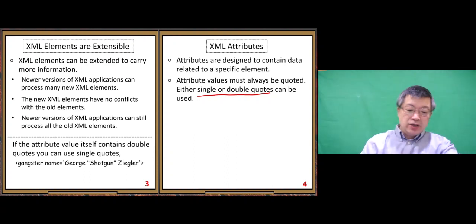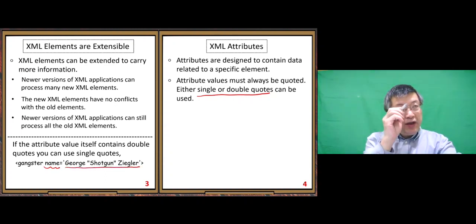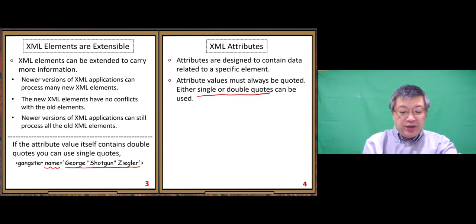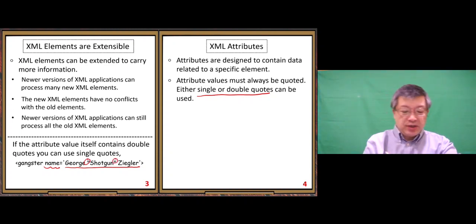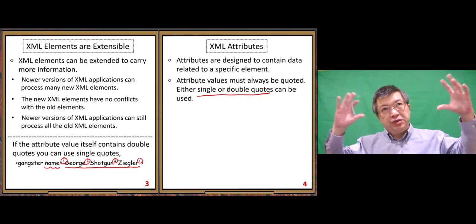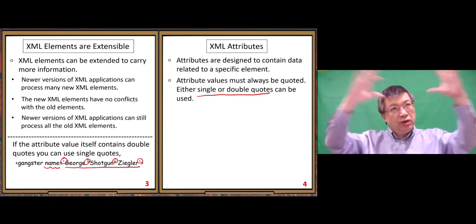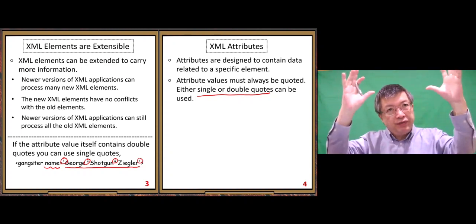Look at this main attribute. Inside the value, we need to use double quote characters. That means you should not use double quotes to enclose that value.